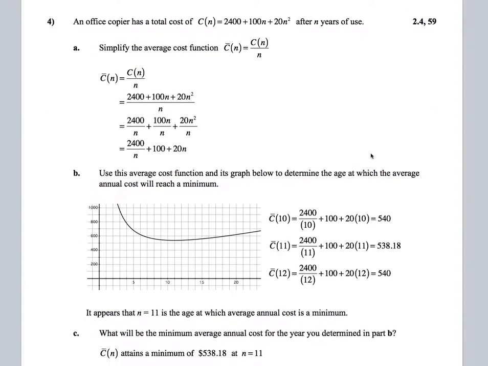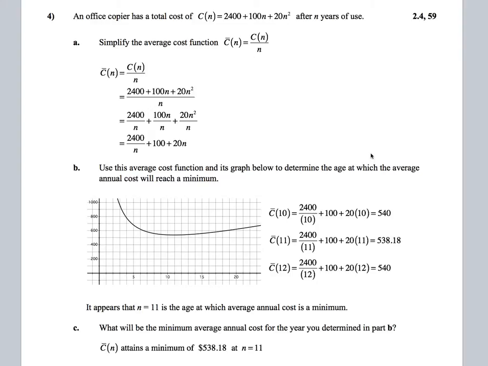Now, the last question that I'll cover in this part of the review is the average annual cost for a copier. And average cost is given by the cost function divided by the number of units, or in this case, number of years. So I place that function 2400 plus 100n plus 20n squared in the numerator, and n in the denominator, and simplify.